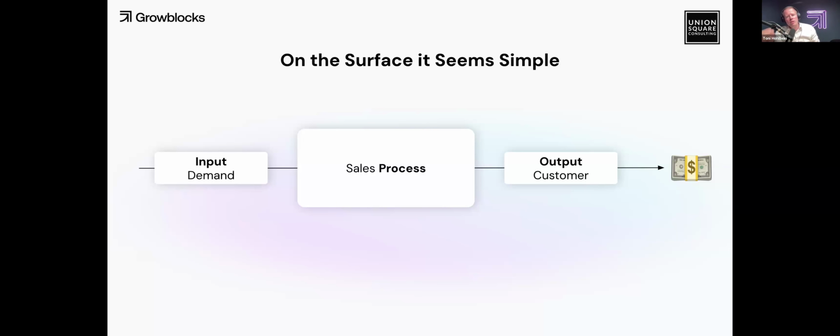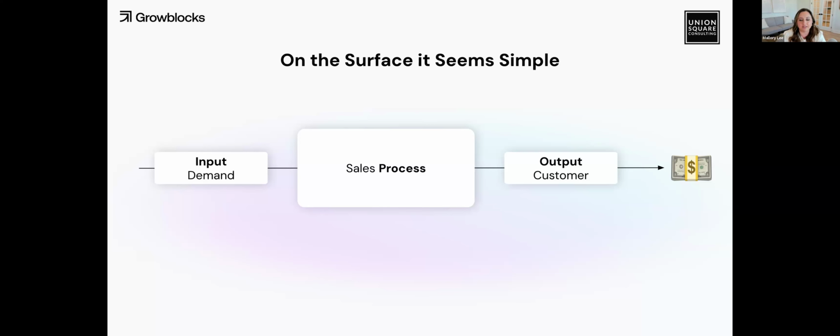But this is really just the first scratch of the surface, and Mallory is going to take you into how this looks under the hood. Yeah, exactly. It's very simple when you glance at this analogy and think, okay, bring things in, do things with those things, get customers on the other side.